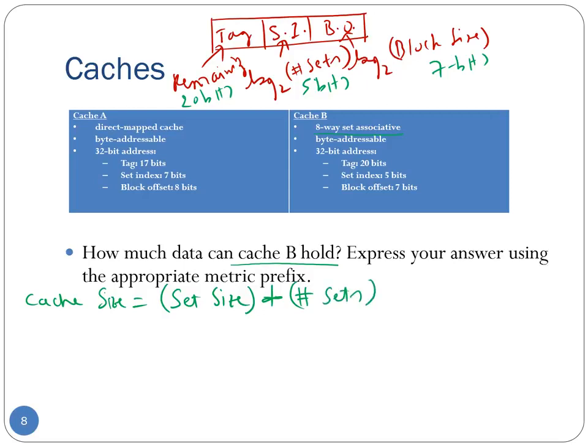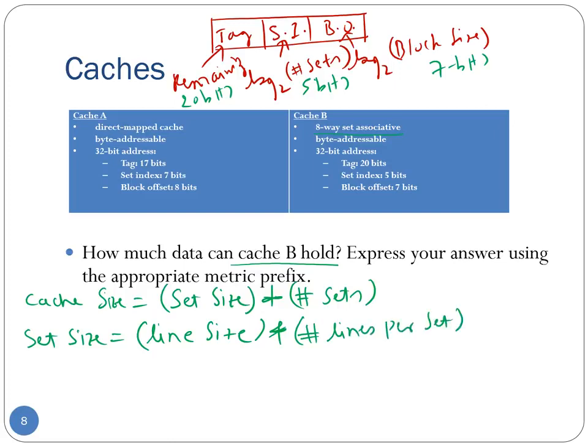How do you find the set size? Set size is basically line size or block size multiplied by number of lines per set, so the number of lines in each set.